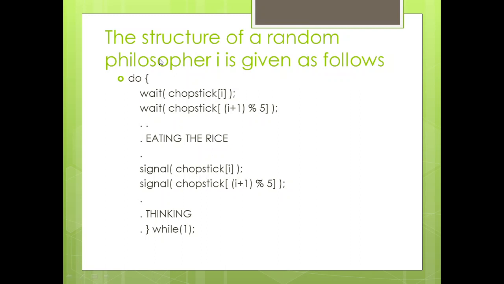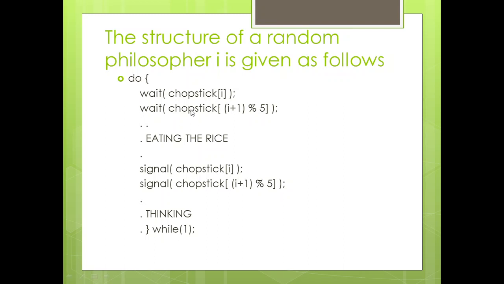The structure of a random philosopher i is given as follows. In the above structure, first the wait operation is performed on chopstick[i] and chopstick[(i+1)%5]. This means that philosopher i has picked up the chopsticks on his side.